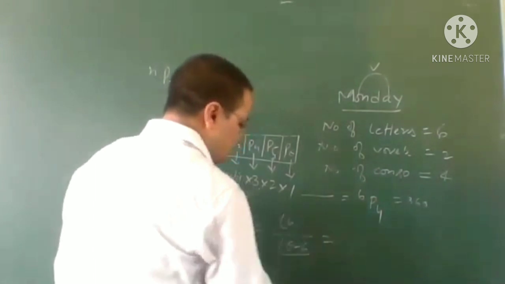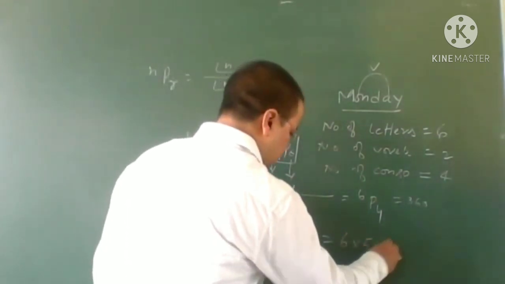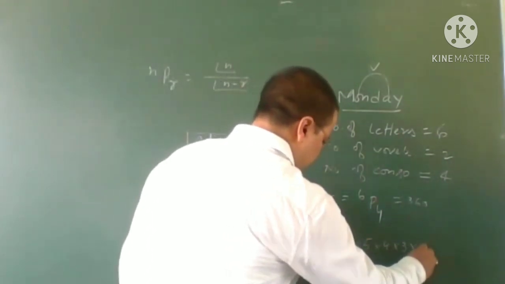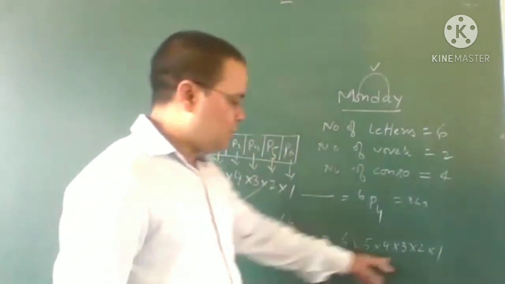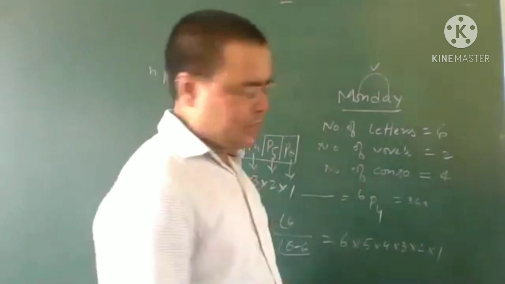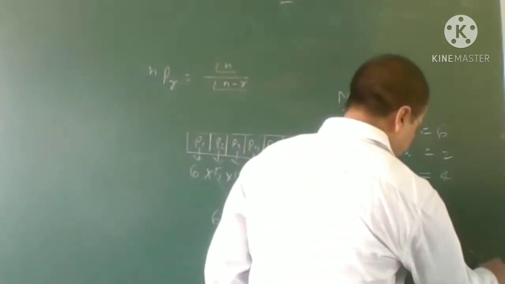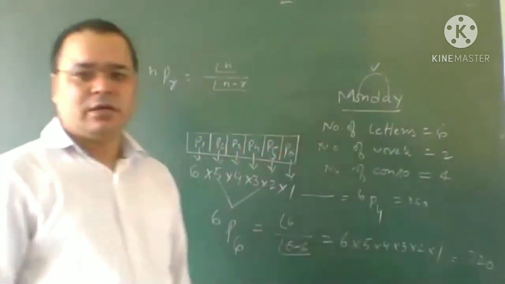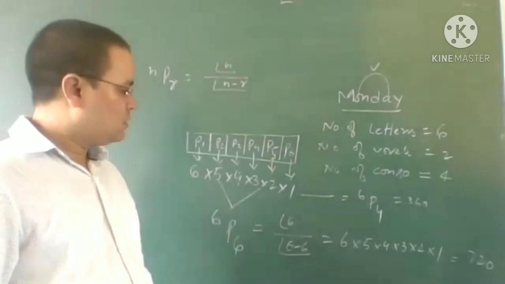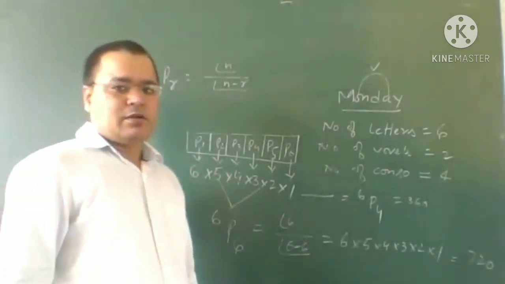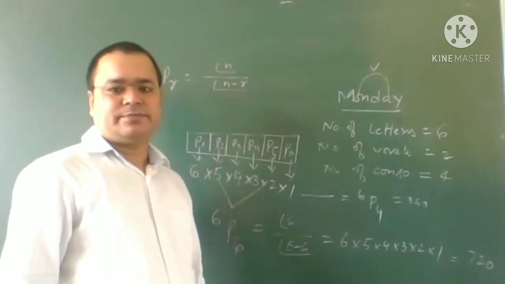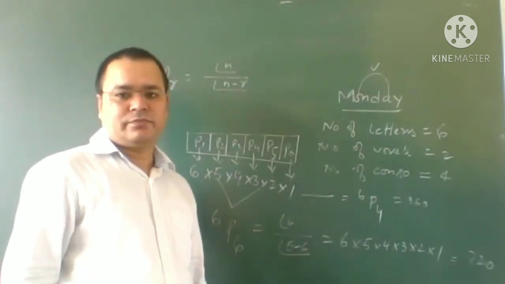So it is 6 into 5 into 4 into 3 into 2 into 1. After multiplication, whatever you get will be the answer, and it will be 720. Now do you understand? Raise your hand if you understand it.